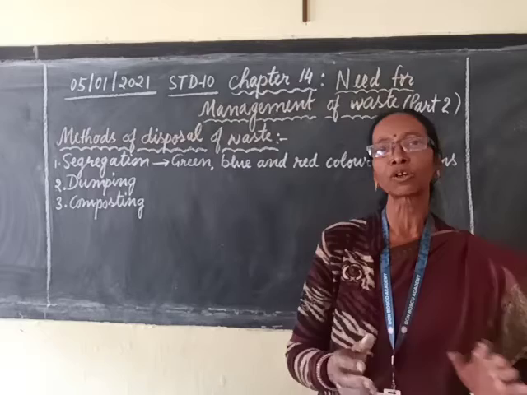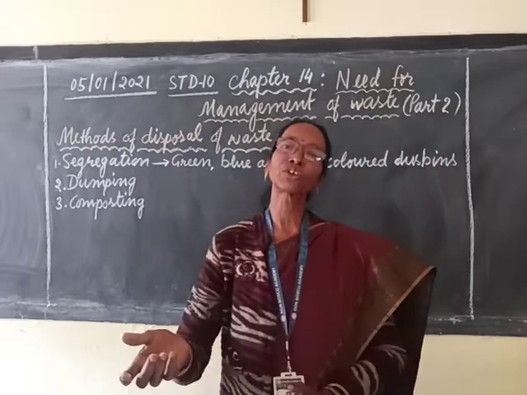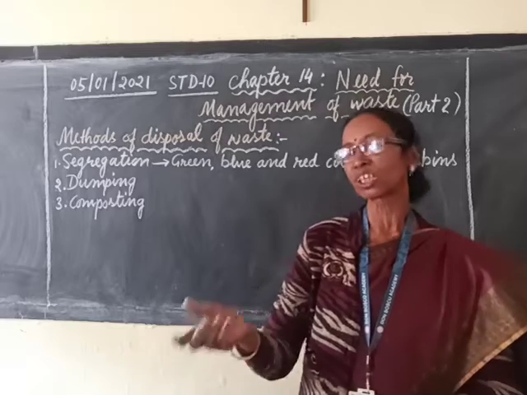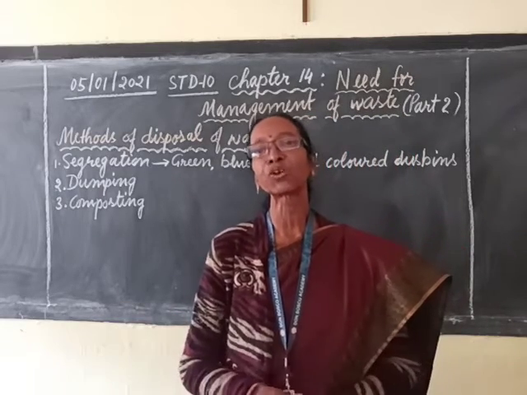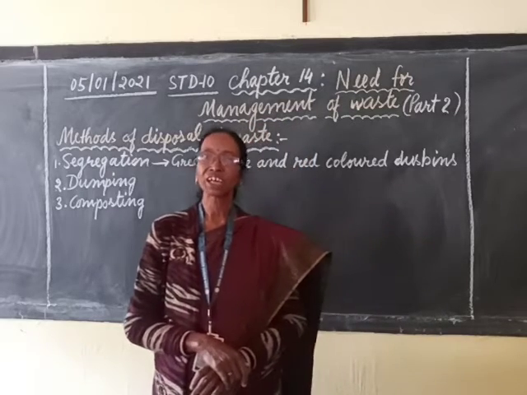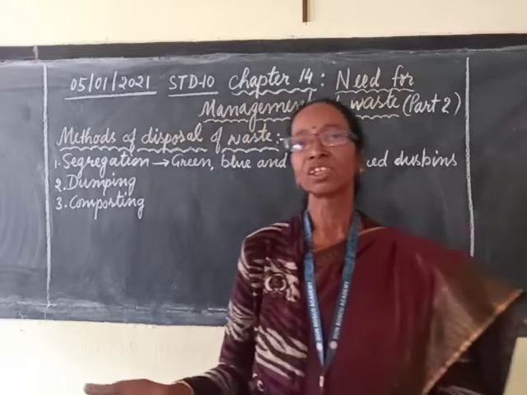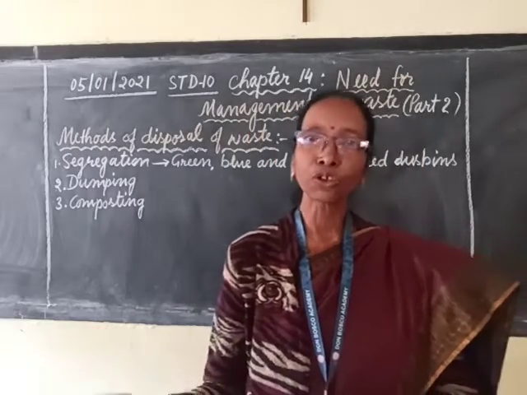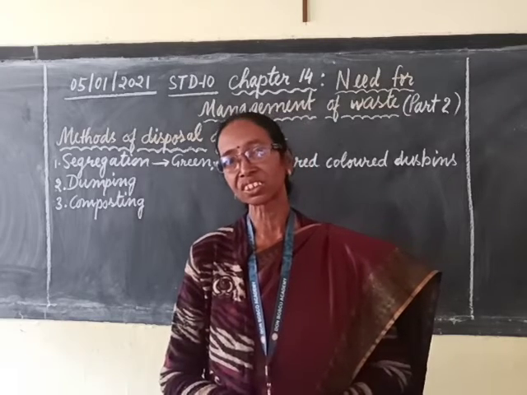And when it is full with the garbage and the biodegradable solid material, it should be filled with soil, and that can be changed into compost, and that is natural manure.